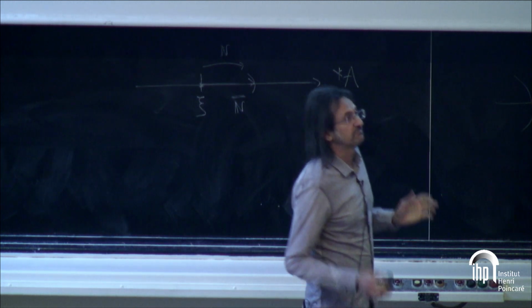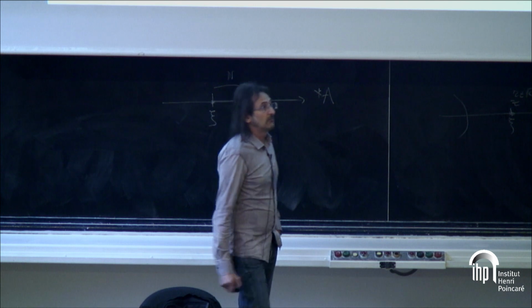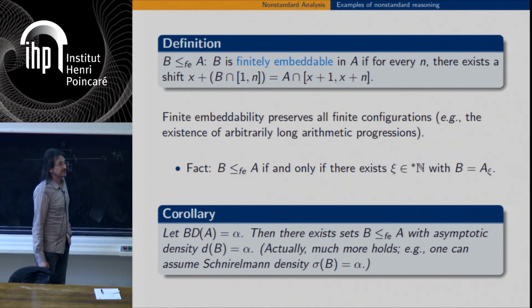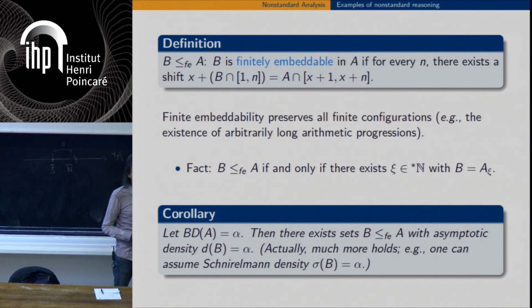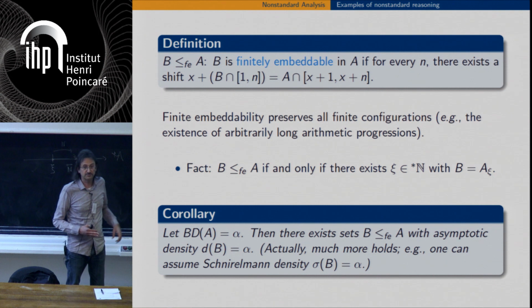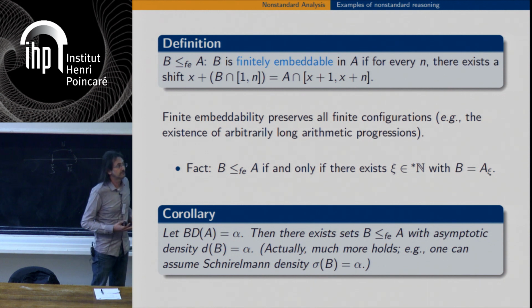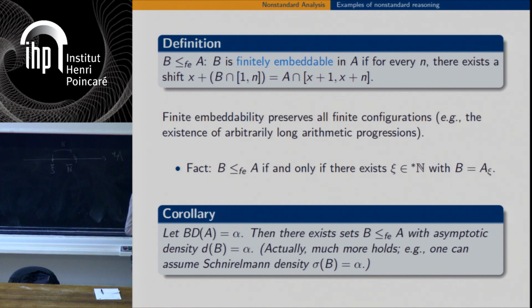So what is the meaning of this, going back to the property of the original set? Well, this is a property that is finite embeddability. We say that a set B is finitely embeddable into A if any finite portion of B has a shifted copy inside A. This means that the combinatorial richness of B can be recovered inside A. And this is important in this area of combinatorics because preserving finite configurations is relevant.